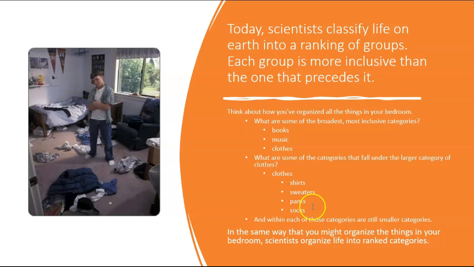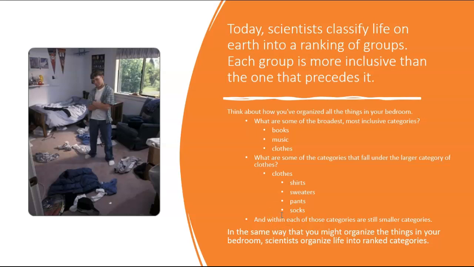Then we can divide those even further. Like the socks could be short socks or long socks, or by color. We can continue to organize into smaller and smaller categories.